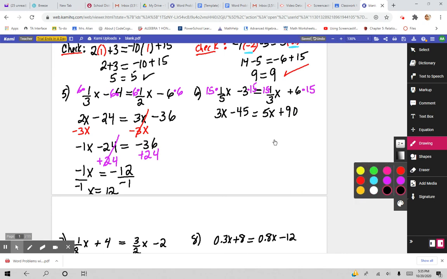Okay, we're getting there step by step. Now, let's get all of the x's on one side. So let's subtract out 5x from both sides. So now we have negative 2x minus 45 equals 90.